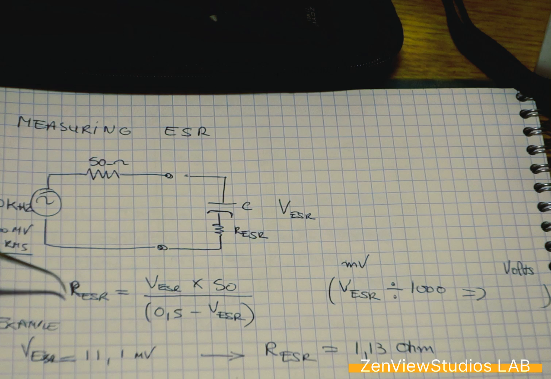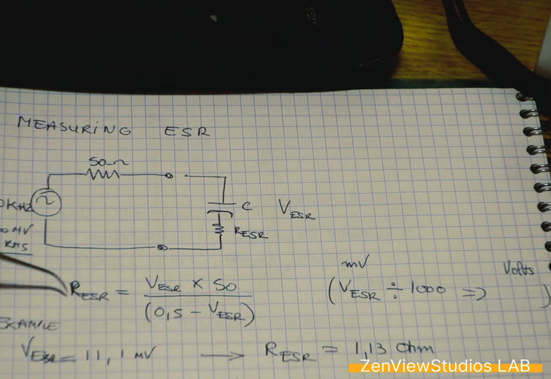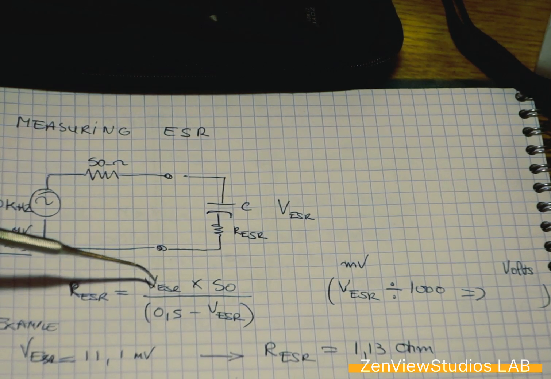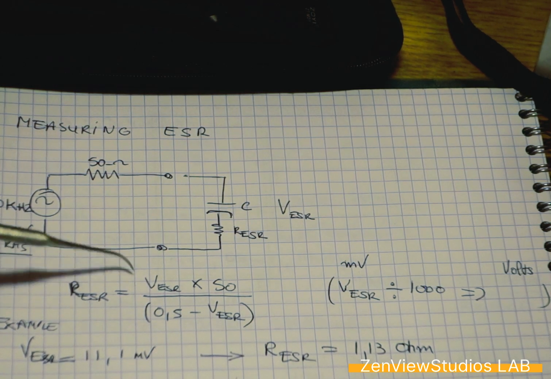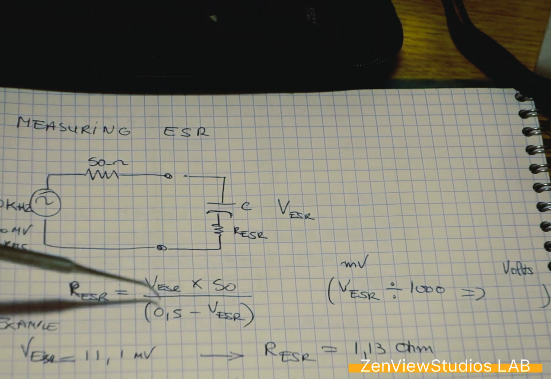The voltages are chosen so that we get a factor of 10 for the RESR. We read just by reading in millivolts this value, meaning if you have 11 millivolts, it's really 1 ohm ESR, 1.1 ohm ESR that you get from this formula.